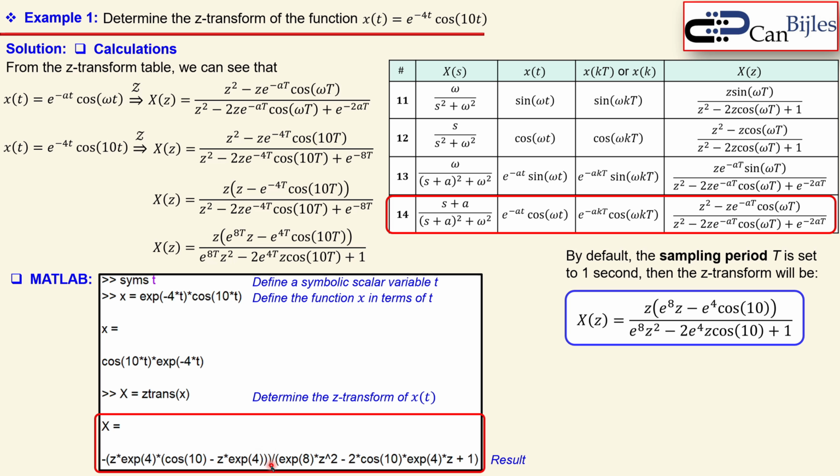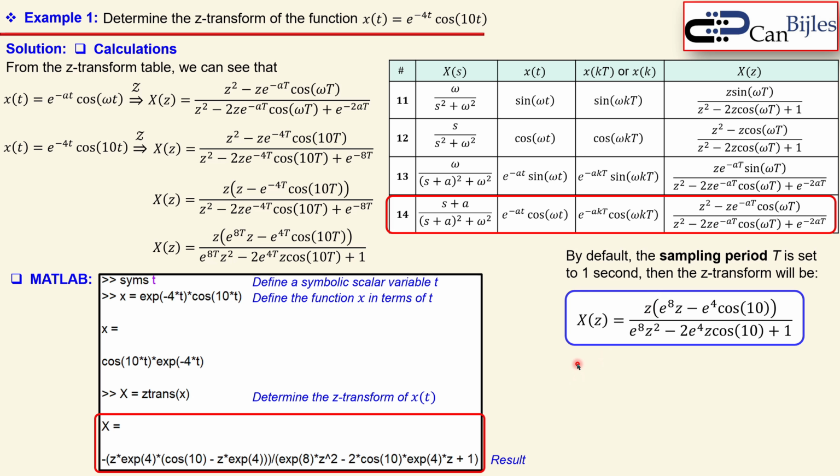So this last parenthesis here and this first parenthesis here is actually the numerator. Of course, there's a minus sign here, so that's actually why this is reversed. And there is also this e to the power 4 here, which is taking also outside this parentheses.